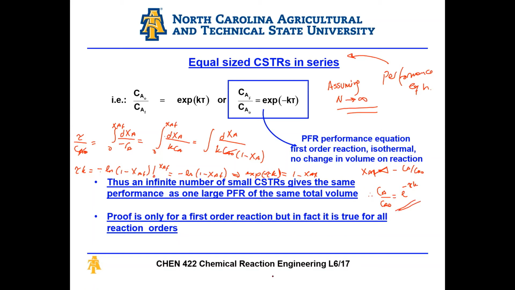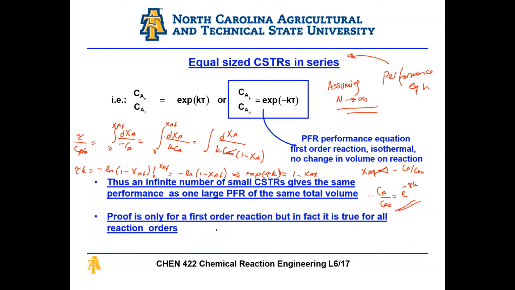So this mathematically proves that the performance equation for an infinite number of CSTRs is equal to the performance equation for one PFR for a first order reaction, isothermal and no change in volume. Again, this proof is for a first order reaction, but it's valid for all order reactions.